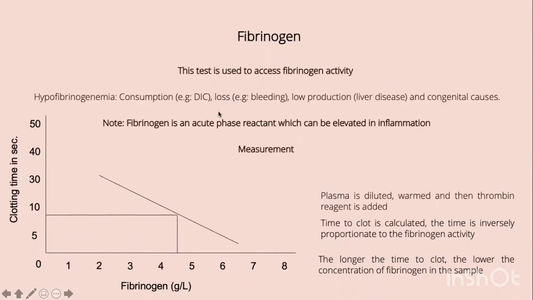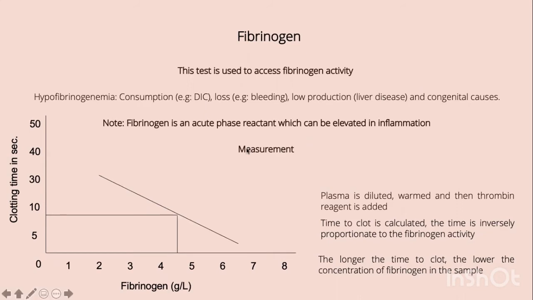We can lose fibrinogen when we bleed, and maybe due to low production if we have liver disease, or rarely in congenital causes. The second piece of information we need to know is that fibrinogen is an acute phase reactant, which can be elevated in any kind of inflammation. So this may give you a false impression that you have a high fibrinogen level.